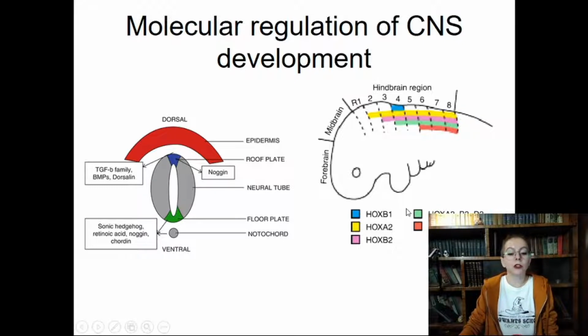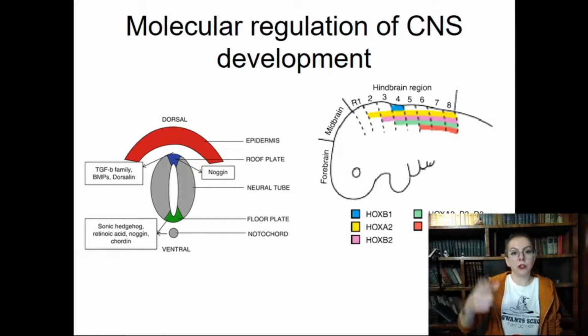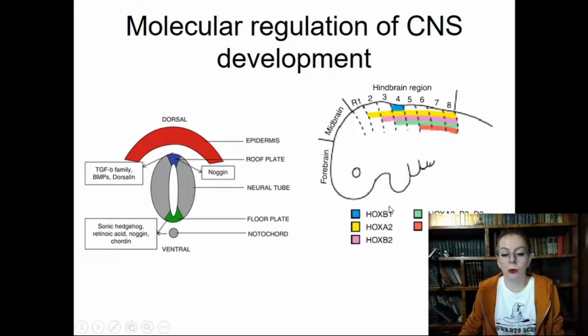So this is a very ancient family of genes, and they perform a very important function in the development of different organs, of course, in the specification of brain. So along the longitudinal axis, specification of each brain vesicle depends on homeobox genes.